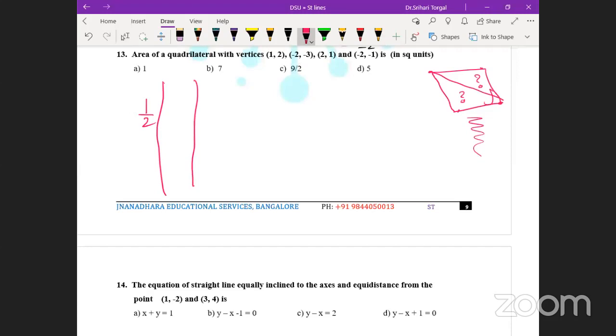Yeah. One is saying that option B is the answer. Okay. Someone says it is option C. One more option is left out.